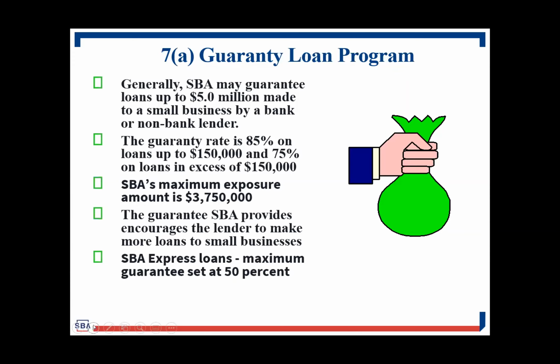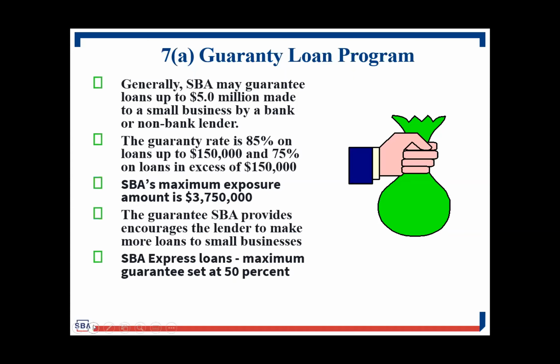And what that guarantee does is give the lender a comfort level of being able to make the loan to you if they see that what you're offering is not strong enough for them to want to make the loan on their own without SBA's guarantee. Our maximum exposure to any one borrower is 3 3/4 million. And that could be a combination of loans as long as we don't exceed 3 3/4 million.